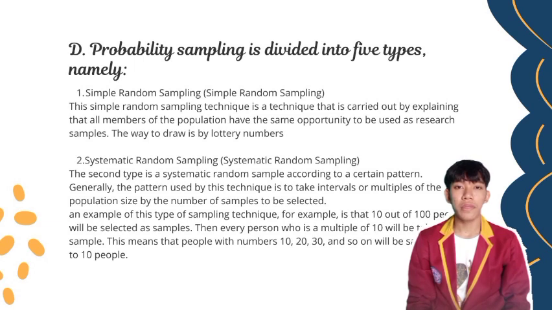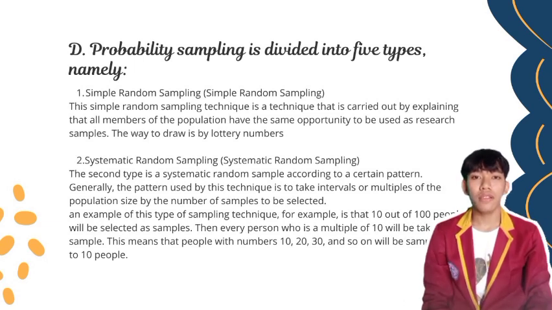2. Systematic random sampling. The second type is systematic random sampling. According to a certain pattern, generally the pattern used by this technique is to take intervals or multiples of the population size divided by the number of samples to be selected.